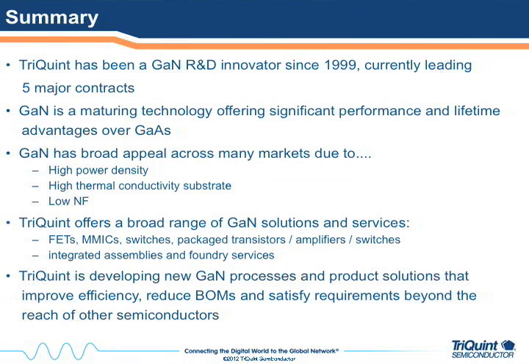So in summary, TriQuint's been a GaN R&D innovator since 1999 when we started working at university levels and the materials. We've grown through that into the DARPA Phase 2 and Phase 3 programs and the follow-on list of government-sponsored contracts that I listed earlier. So we're continuing to lead the GaN technology growth.